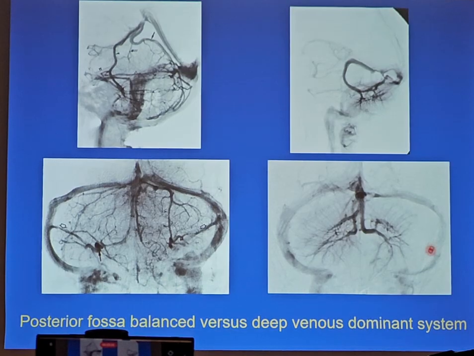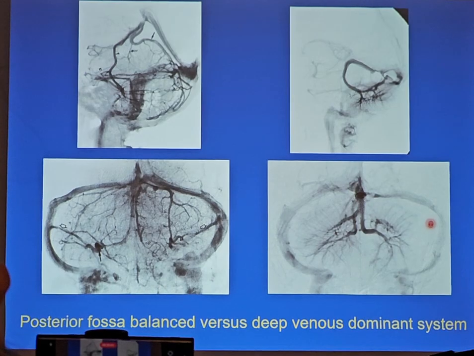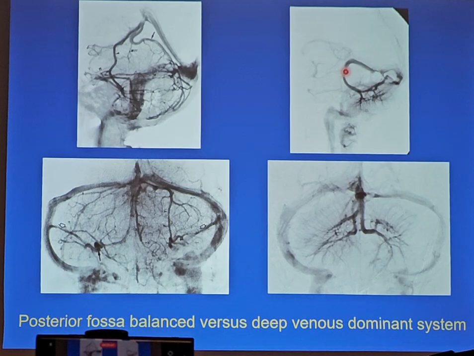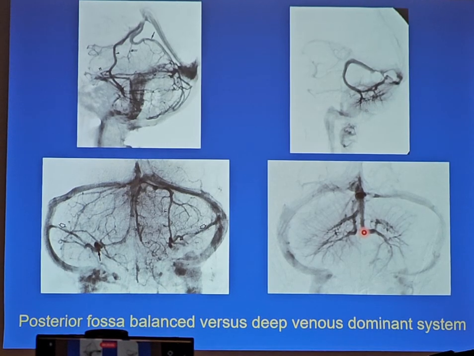But you can also see that, just like upstairs, there are, in this particular case, almost no cortical veins, and so everything is draining deep. In this same case, the deep venous system represents the only way out, and this is obviously a vulnerability. If something happens under these circumstances to the draining vein, we have a huge infarction.